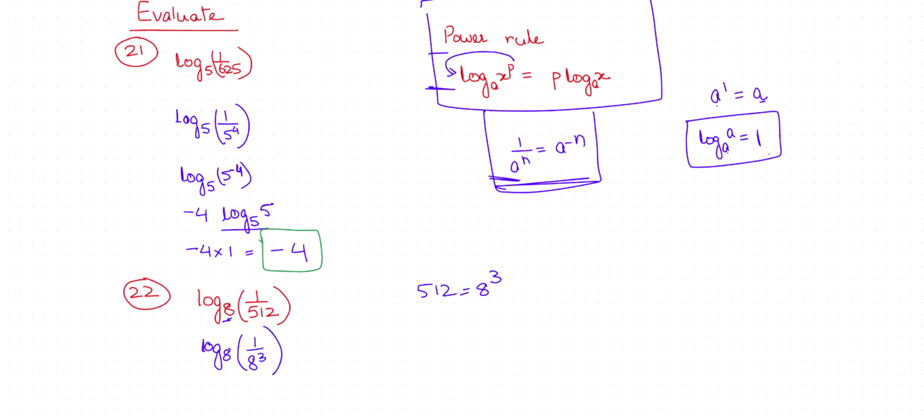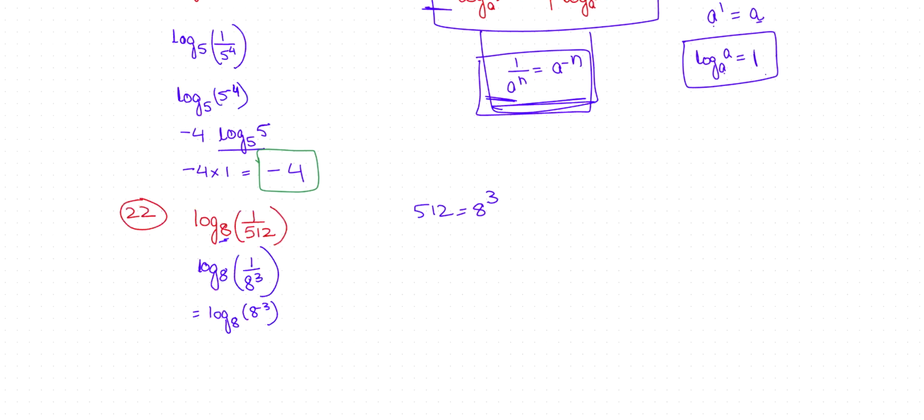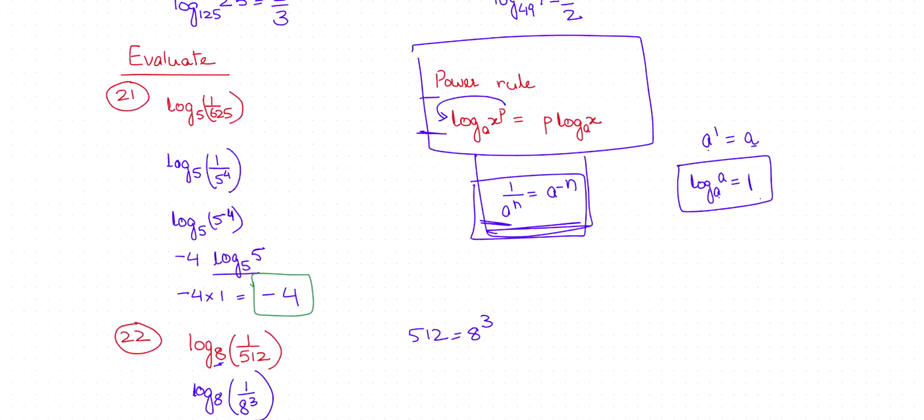Now we'll use this exponent rule and it will give us log base 8 of 8 raised to power minus 3. Now we will use power rule, which was here, and the exponent comes and gets multiplied to the log.